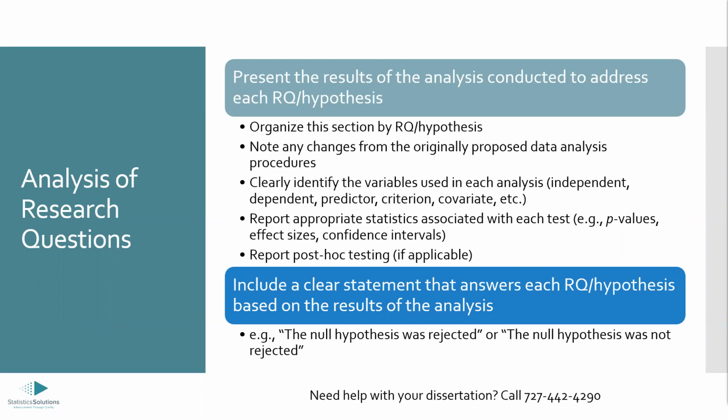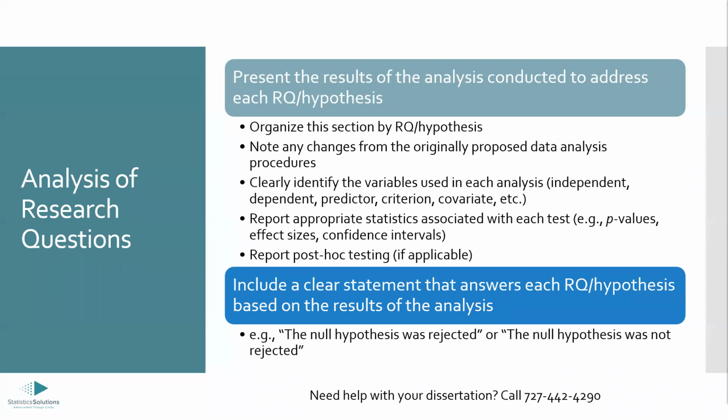So, whatever the reason may be, maybe you had to change what analysis you had to do. And if the analysis you end up doing is different from the analysis that you originally proposed, you'll want to note those changes, either by going back to your methodology chapter and updating it to reflect the procedures you actually followed, or by noting the changes in the results chapter.